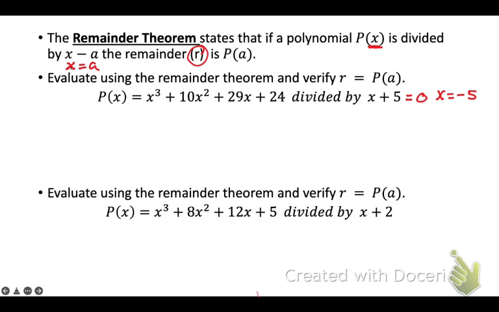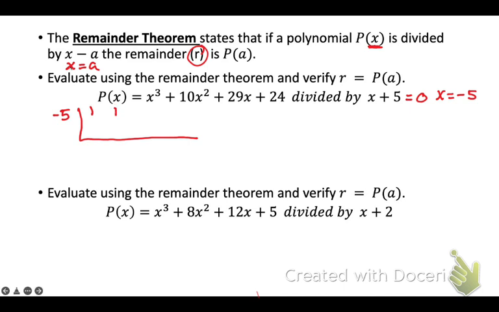But if it's x plus 5, you have to set it equal to 0, okay? Does this work with the 3 numbers? No. Your divisor has to be a linear binomial. Why is it -5? Because you have to subtract 5 over. Okay, so -5, what goes into the box?